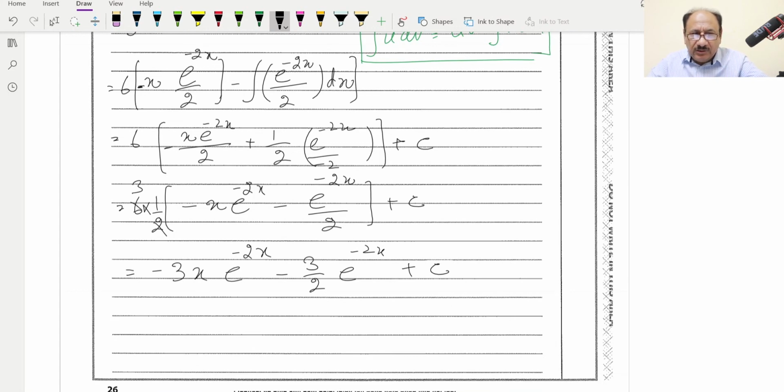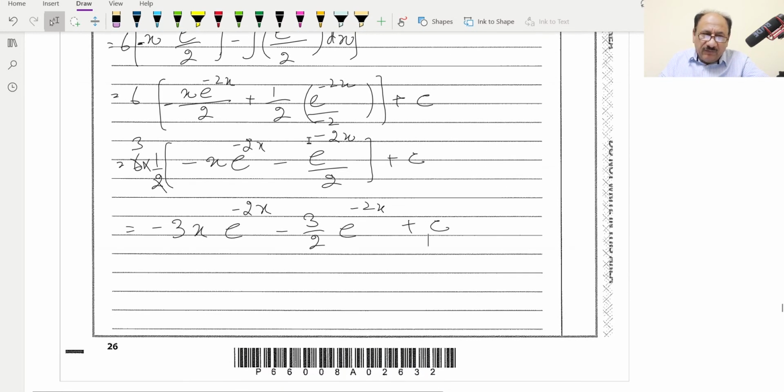This will be the integration. After this one, we need to find the value of c.